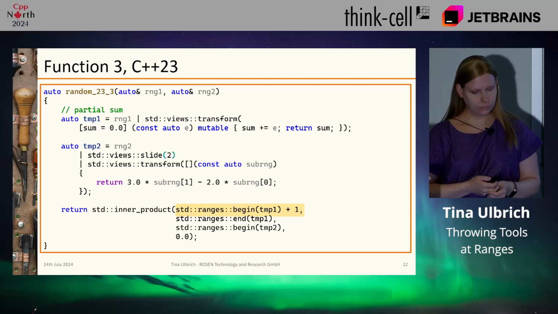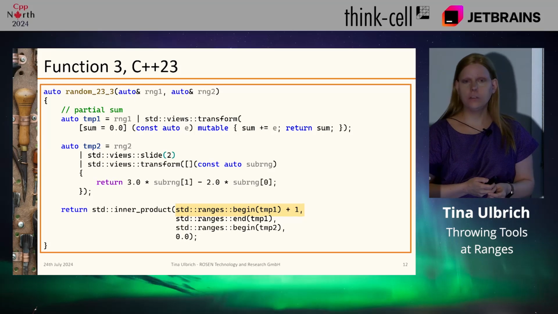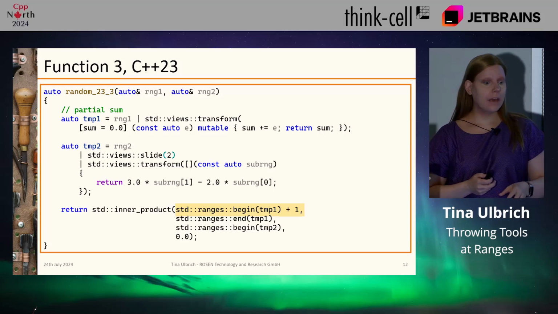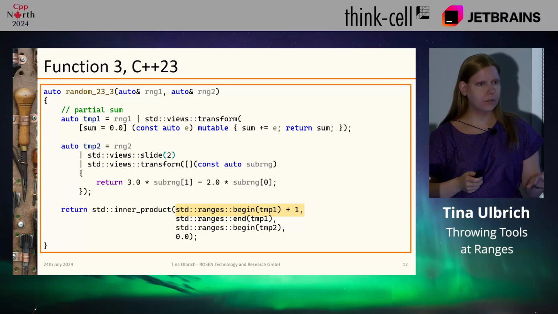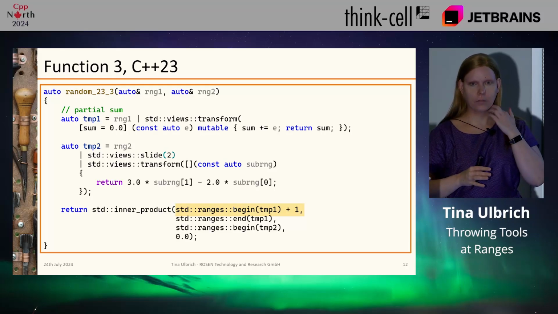Like RNG1 and RNG2? Yes. They need to be the same size. I'm also not doing any checks here, so I'm not checking for sizes. I'm not checking for empty ranges. I'm not doing any of that.